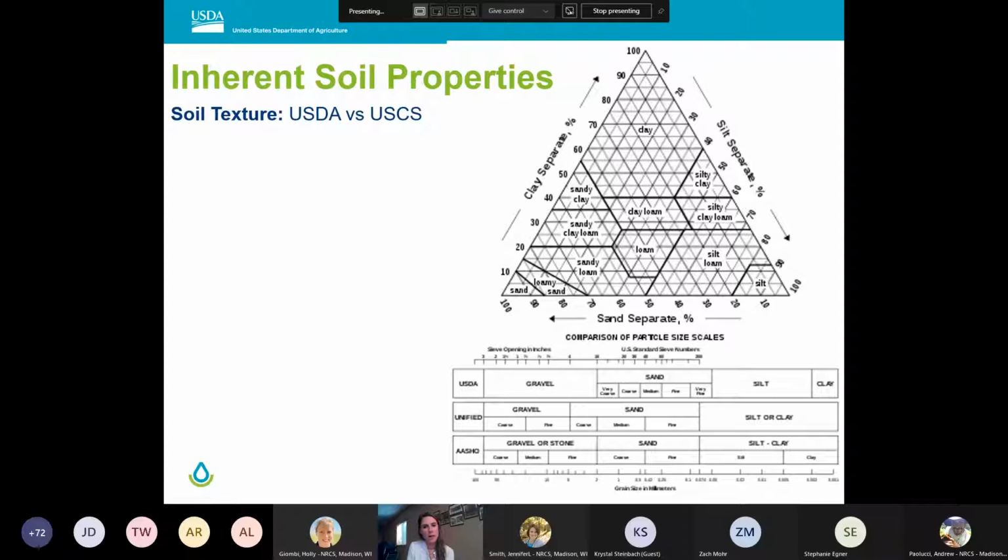And those things aren't evaluated with the USDA system. So they're very much different languages talking about similar things. But if you take a soil mechanics class, you'll see some of the major differences, and the focus for engineering is much different than what we look at agronomically.